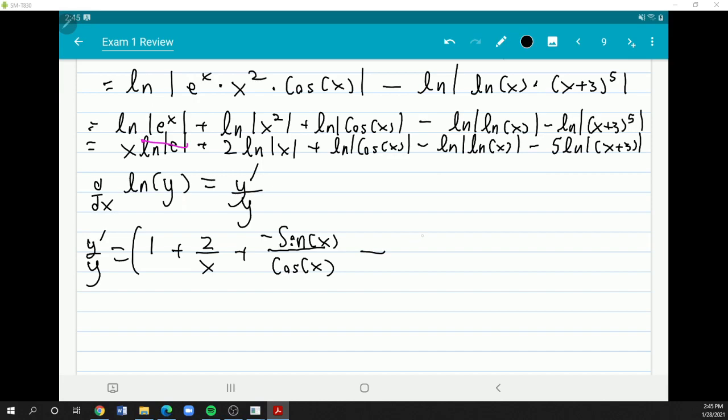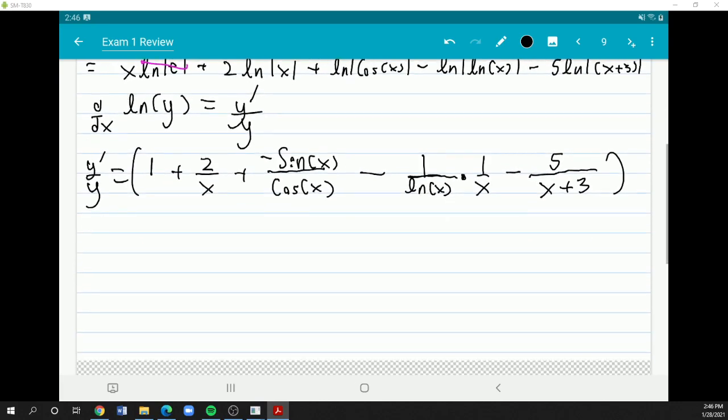So this is going to be 1 over log of x. And then by chain rule, I'm going to have times the derivative of log x, which is 1 over x, minus 5, derivative of log of x plus 3. Again, this is technically a chain rule, but minus 5 over x plus 3. So what we just did seems way easier than 3 product rules all put together with a quotient rule.